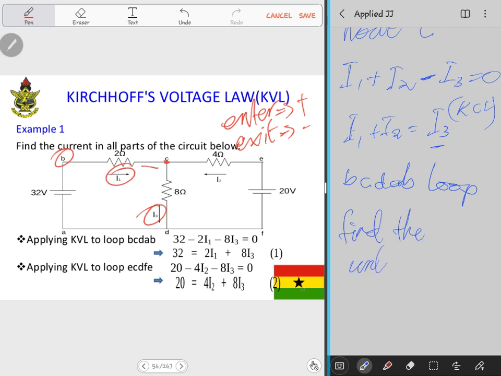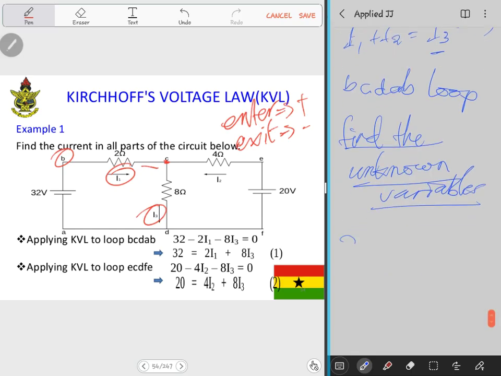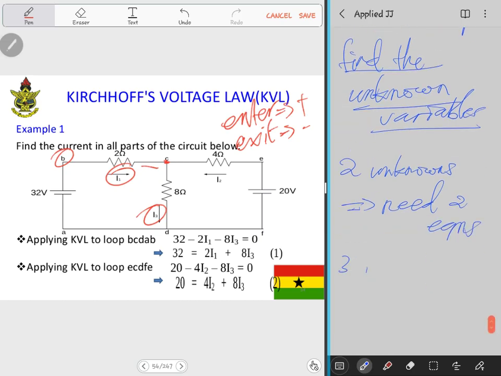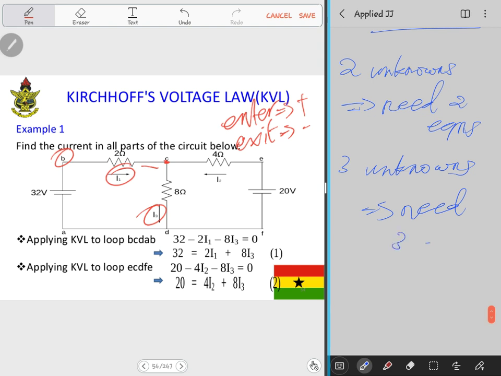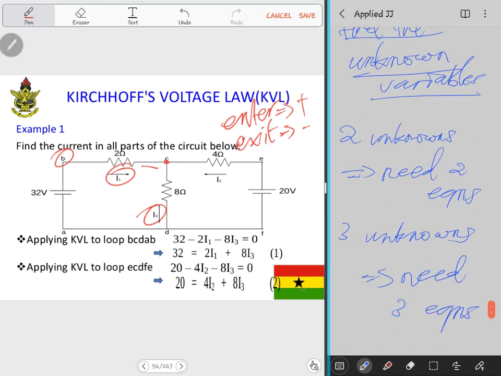If you have two unknowns, that implies you need two equations. If you have three unknowns, you need three equations. So four unknowns, four equations, one unknown, one equation. So yeah, that's what it means.